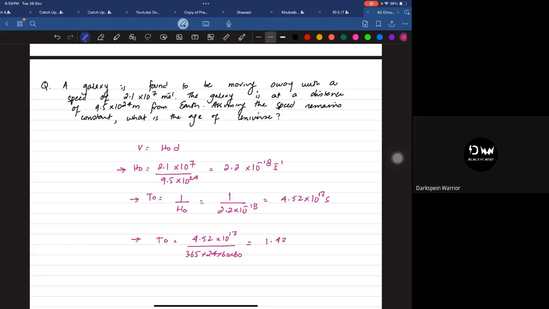That would give you 1.43 times 10 raised to 10 years. So billion is 10 raised to 9, by the way, if you don't know. Which means 14.3 billion years ago, on an estimate, the universe was formed.